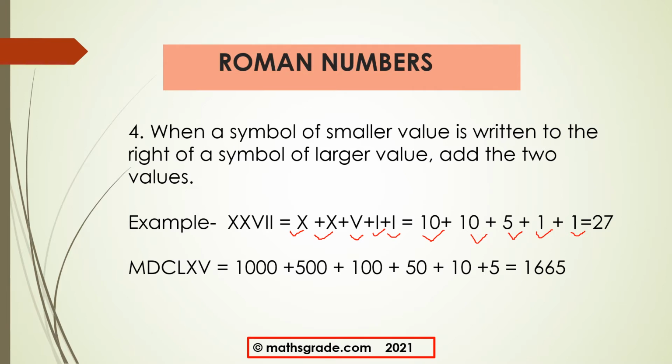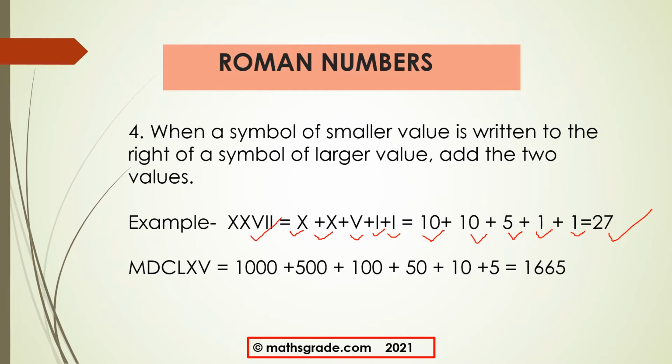Then 10 plus 10 is 20, 20 plus 5 is 25, 25 plus 1 is 26, 26 plus 1 is 27. So our result is 27. 27 is the Hindu-Arabic numeral of the Roman number XXVII.